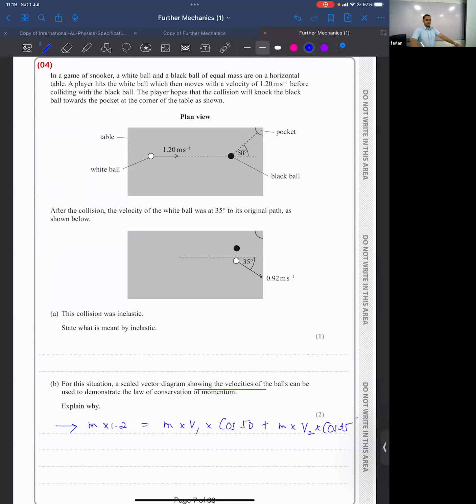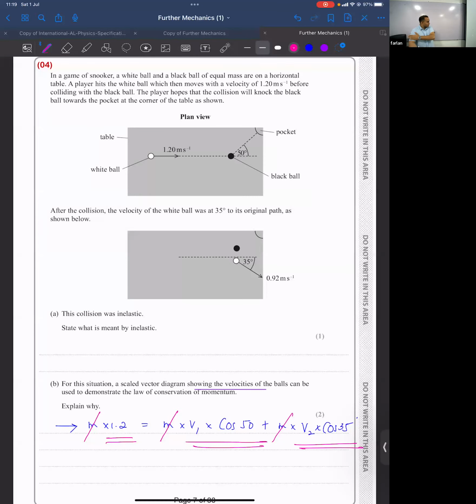Listen to me. Since both the balls have the same mass, if I divide the equation by m, this m will cancel off. So the momentum conservation becomes a what? A velocity conservation. You understand what I'm saying?